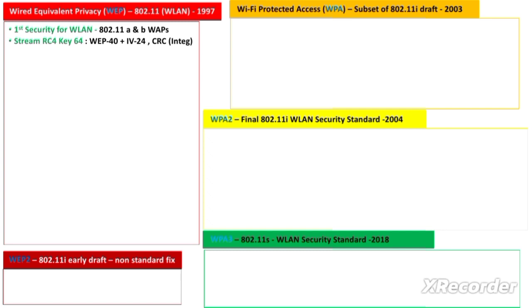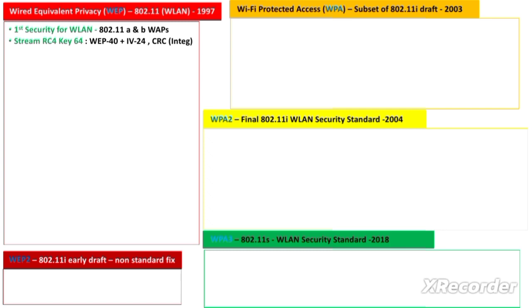So WEP implemented a stream cipher RC4 with 64-bit of key, and it is also known as WEP-40 because 40 bits were used for the key and 24-bit was the initialization vector or IV. And cyclic redundancy check was used for the integrity.